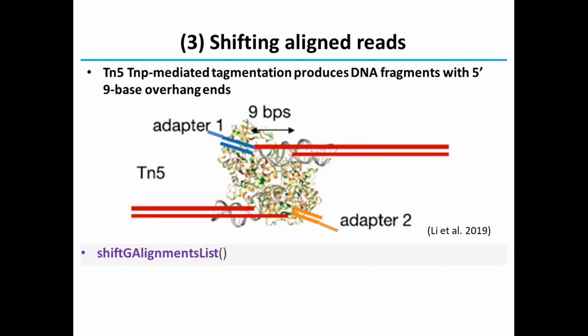For those mapped to the positive strand, we shift the coordinates forward by 5 bases. For those reads mapping to the negative strand, we shift the coordinates by -4. The function we can use is called shiftGAlignmentsList.